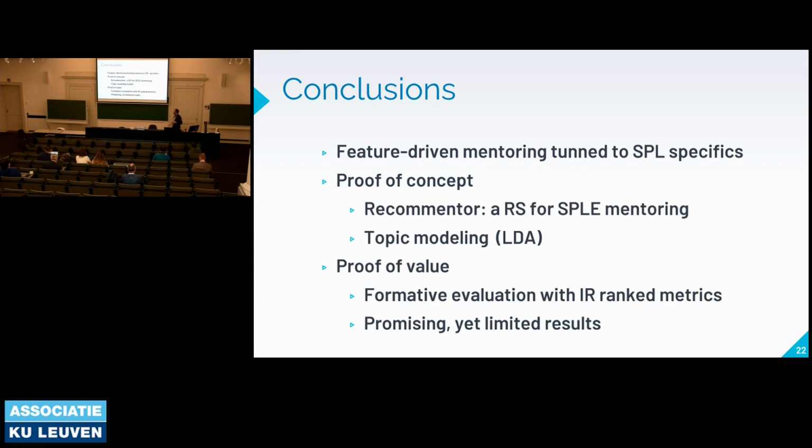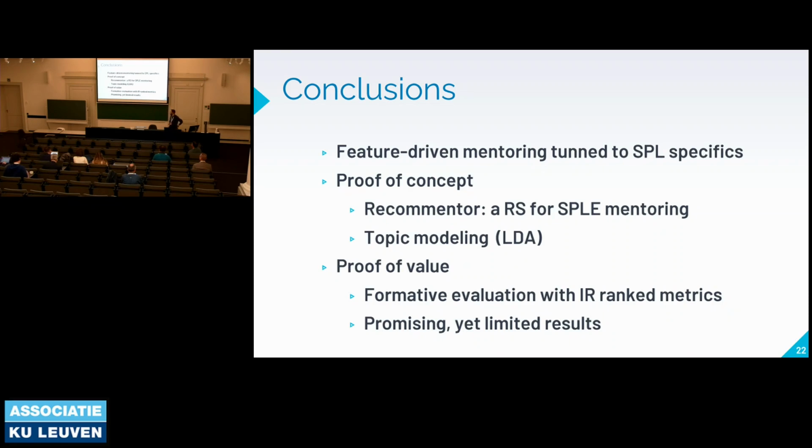So to conclude, we presented a feature-driven mentoring approach tuned for software product line environments. We support this approach with an implemented proof of concept called Recomentor, a recommending system built on top of LastCAD and implemented for software product lines working in the pure::variants variability manager.